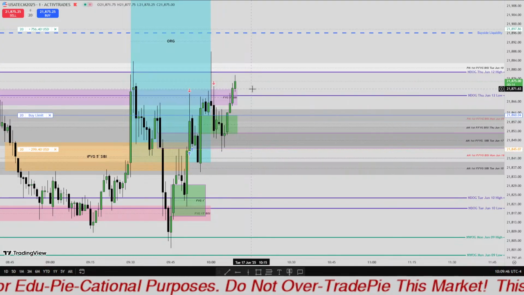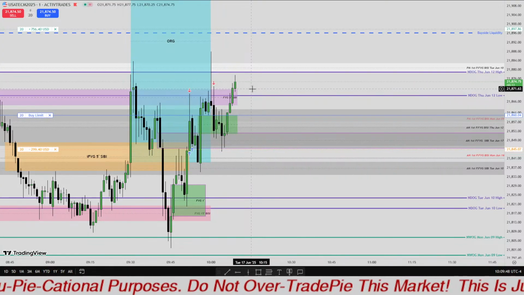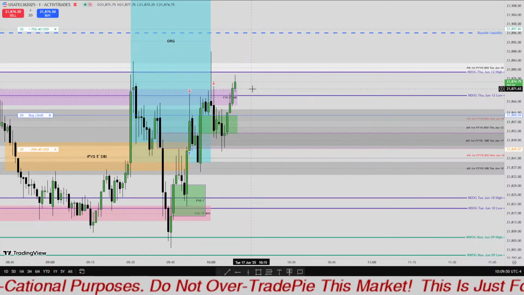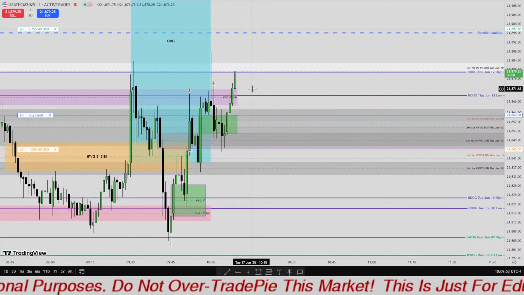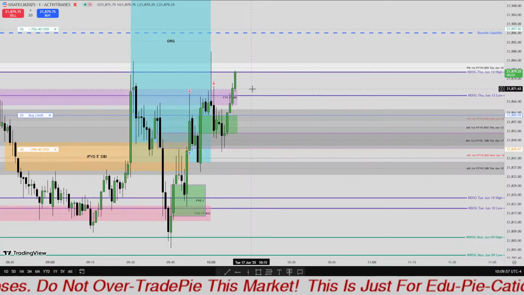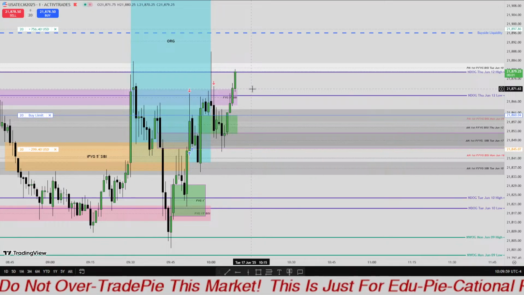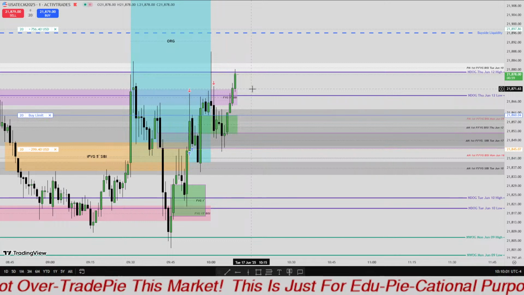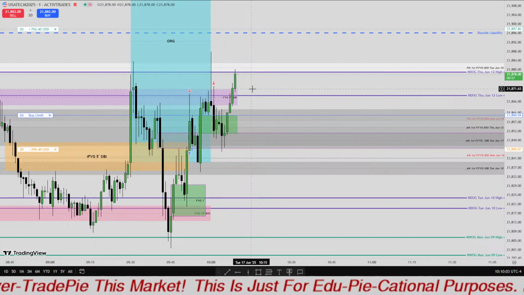Now the market is inside the new day opening gap, and just tapped the high of the new day opening gap. So let's see if it has any retracement lower.